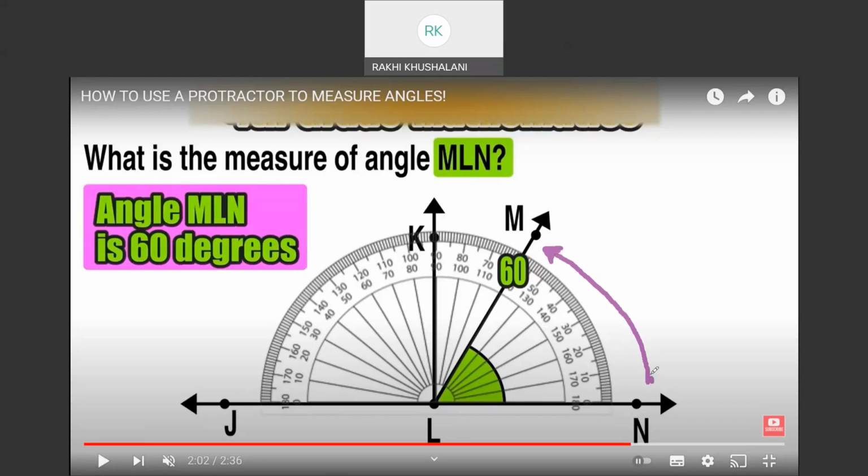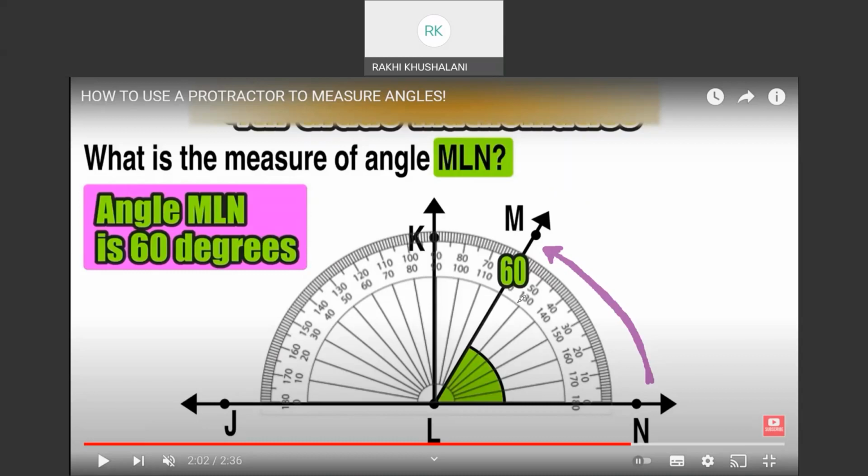Meaning you will start from here and move. So obviously you're going to start from 10, 20, 30, 40, 50 and you see that the arm LM coincides at the ray 60 of the protractor. So the measure of the angle is 60 in this particular case.